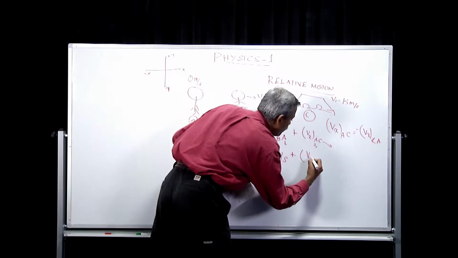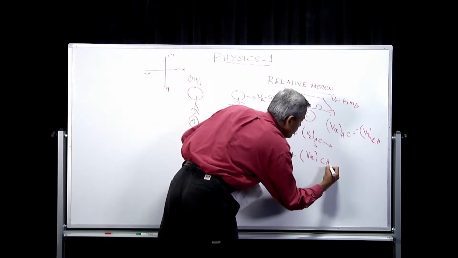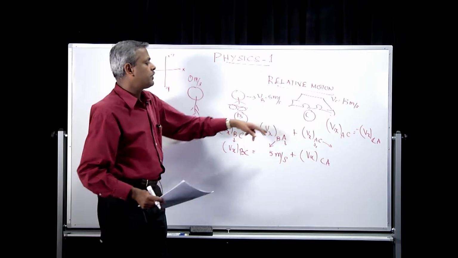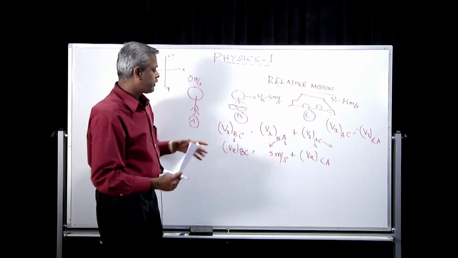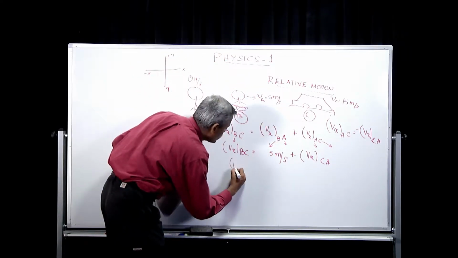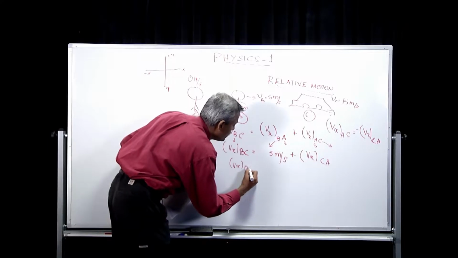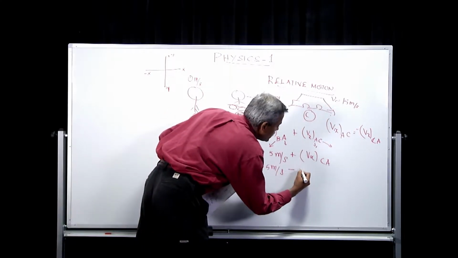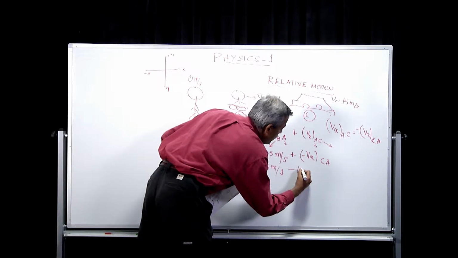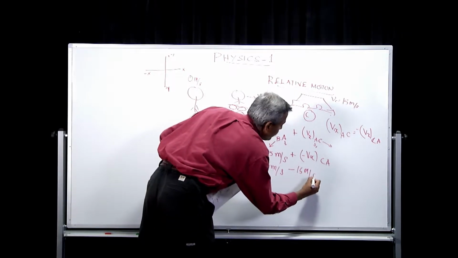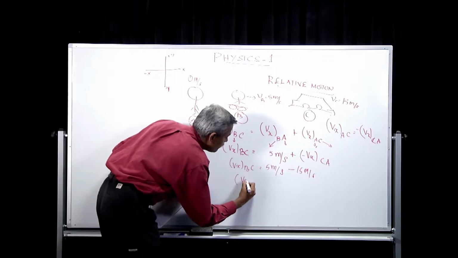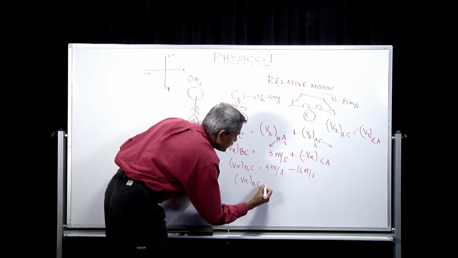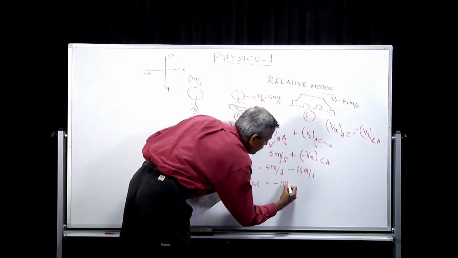So, I can put V x C with respect to A, that means velocity of C with respect to A. So, I have those numbers, I can plug in the numbers, like 5 meters a second minus 15 meters a second. I can find my velocity of B with respect to C is minus 10 meters a second.